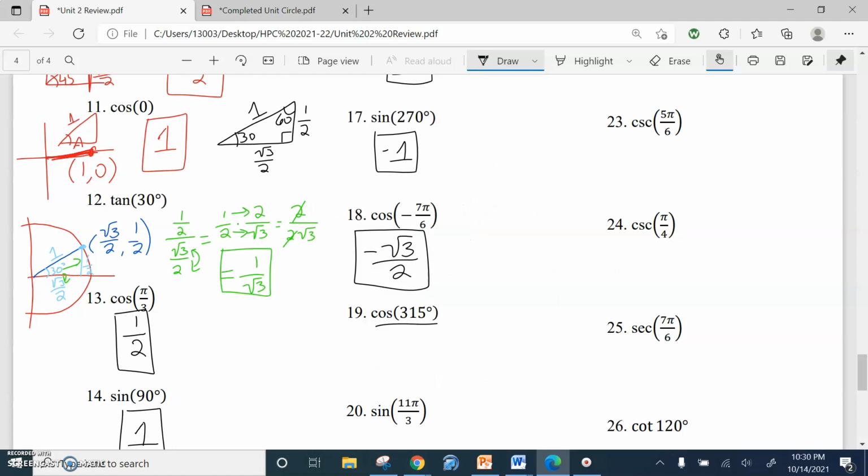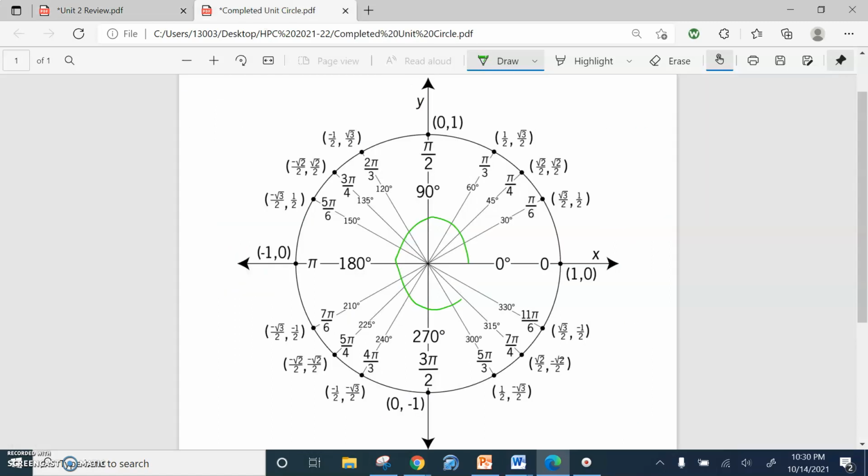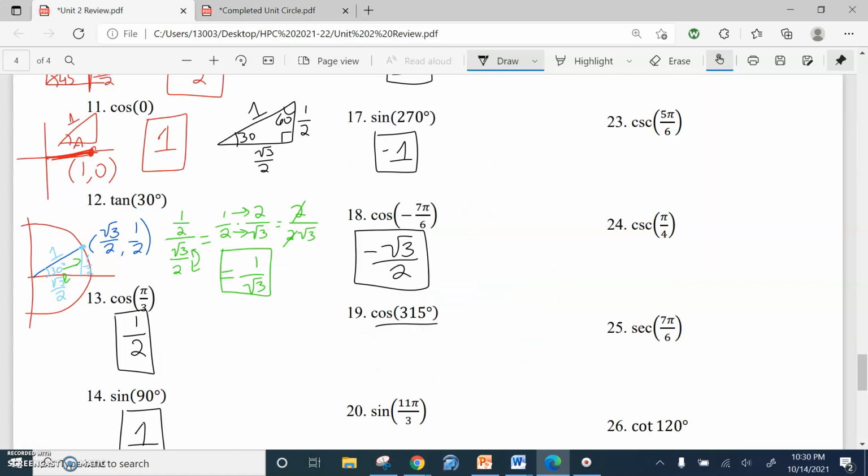Cosine of 315. So now we're down here. The reference angle here is 45, which means my x and my y are going to have the same magnitude, meaning the same numbers, just different signs, because one's positive, one's negative.